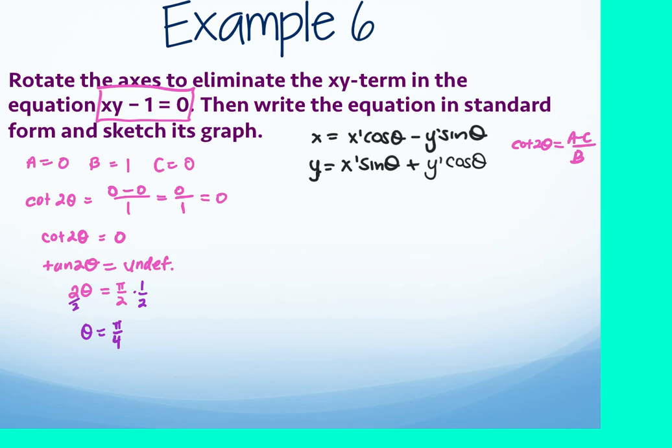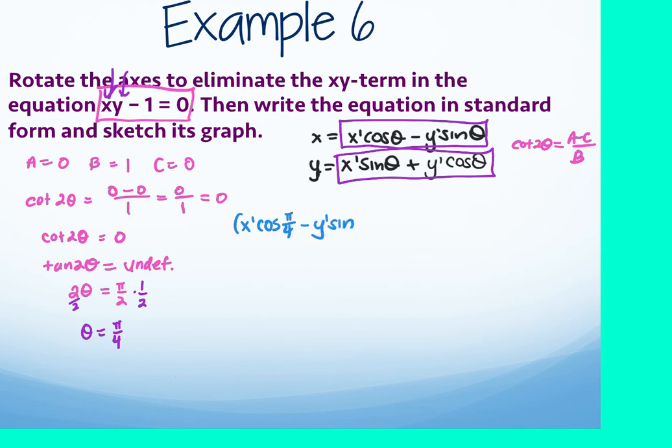All right, now I have to plug in for every x, this, and for every y, this. So this one's not so bad because I only have one of each. It's going to get worse. So I would get x prime cosine, and I now know theta is pi over 4, so I'm going to plug it in its place, minus y prime sine pi over 4.